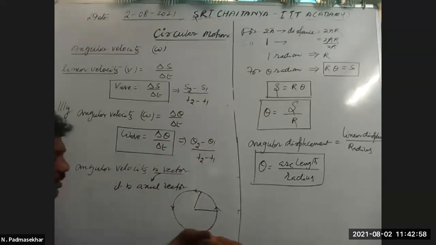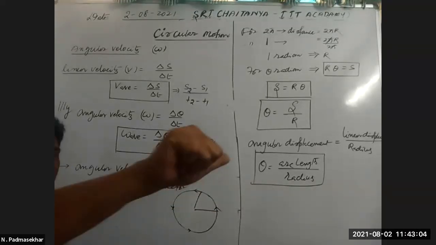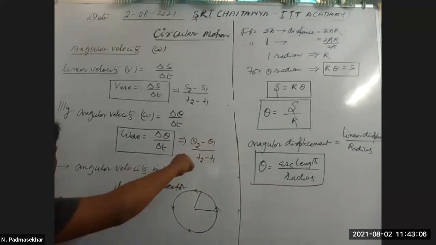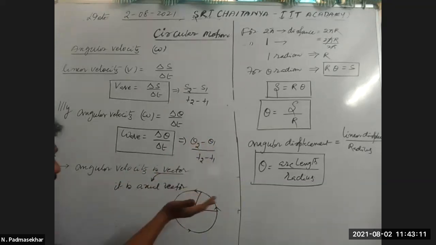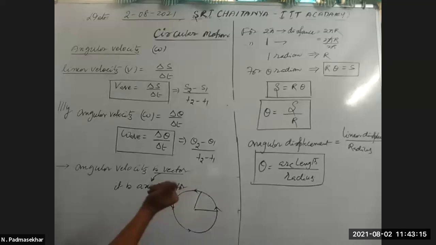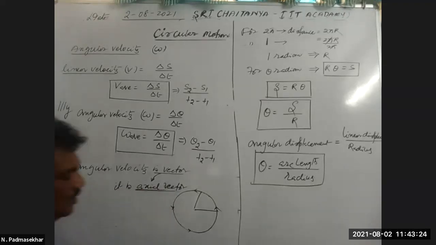When the rotation is in this direction, angular velocity is inward. If it is in this direction, angular velocity is outward. Along the axis, the angular velocity. That's why it is an axial vector.